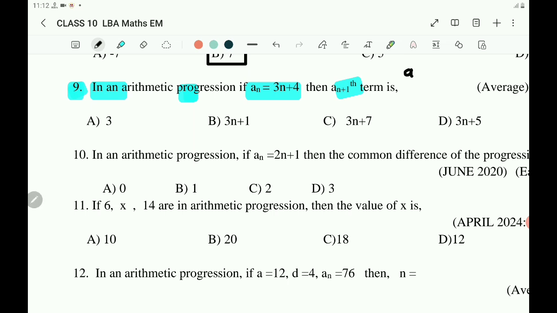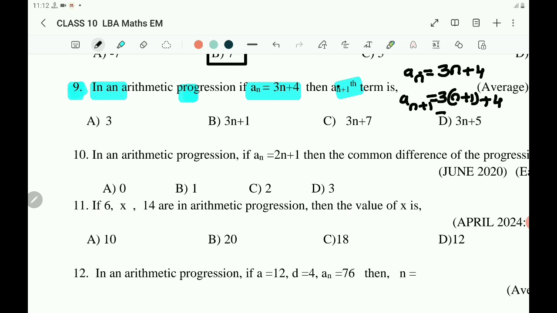Write an equals 3n plus 4. n plus 1th term means in the place of n we have to write n plus 1. Then you take 3 into n plus 1.